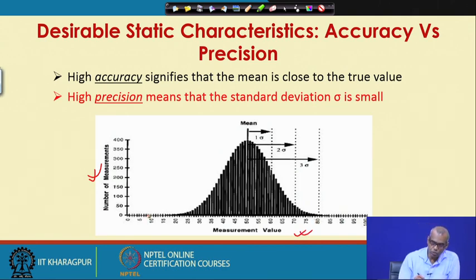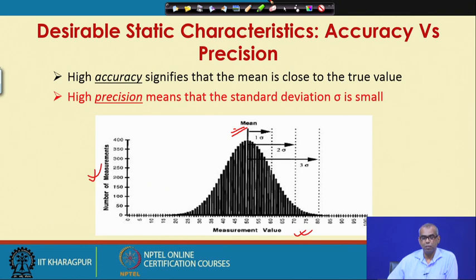So, I get a distribution like this, and this is the mean of the distribution. If the mean of the distribution is close to the true value, it signifies that the instrument's accuracy is high.